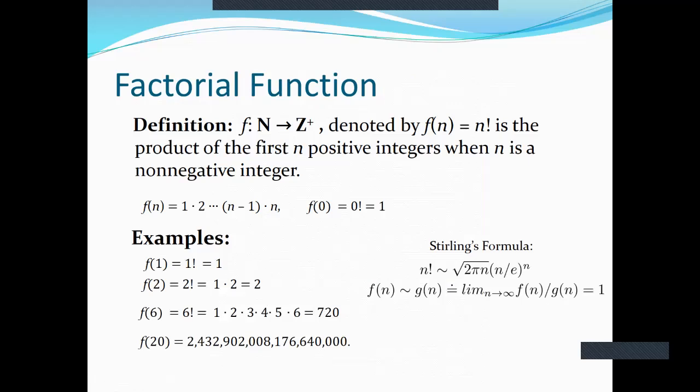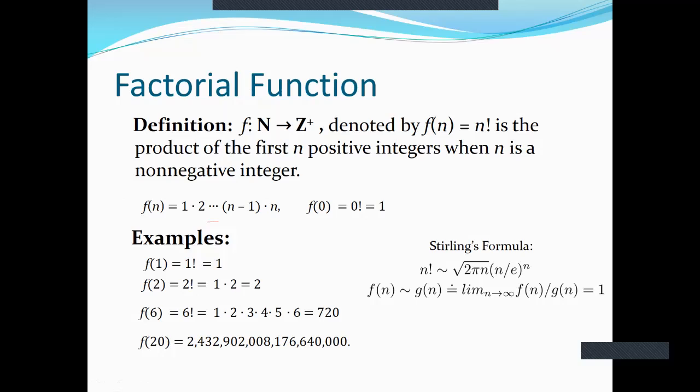So if you are going to compute the factorial of 3, that means n is equal to 3, so it is the product of the first three positive integers. So f of n is 1 into 2 into 3 into 4 up till n. And the factorial of 0 is always equal to 1.